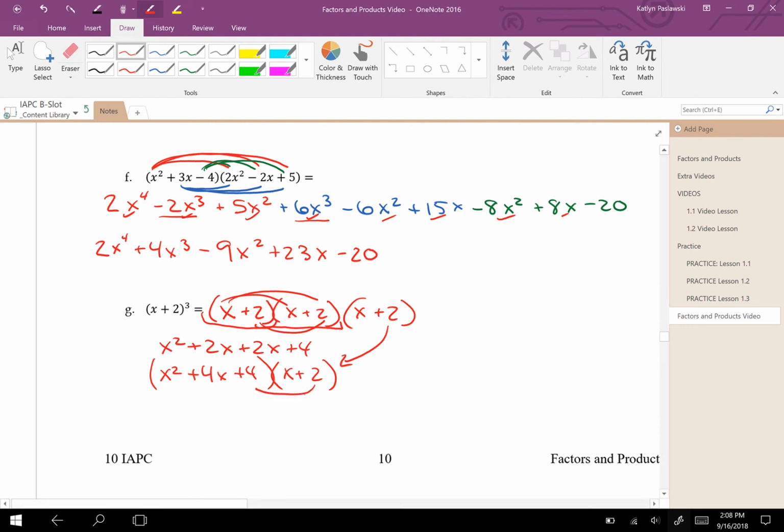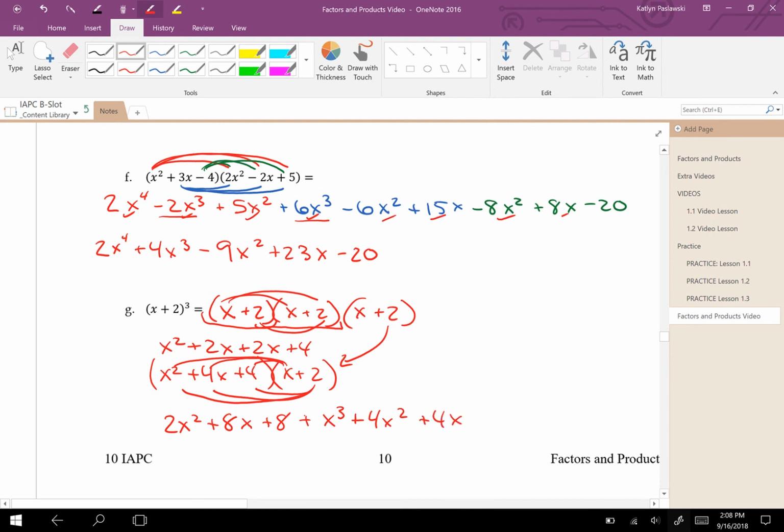we have our first terms. So I see that we have 2x squared plus 8x plus 8. And our next term, plus x cubed plus 4x squared plus 4x.